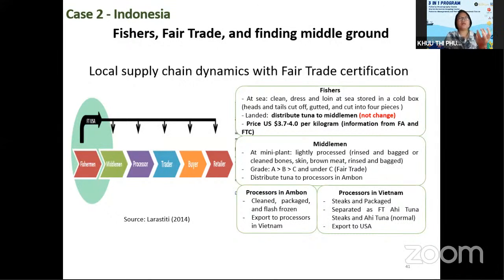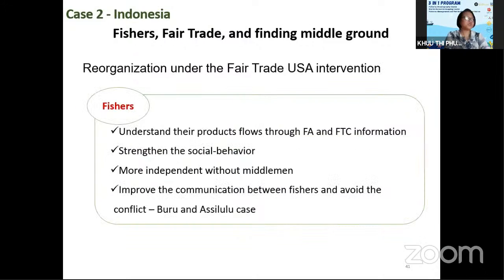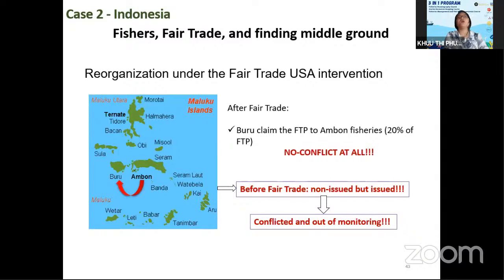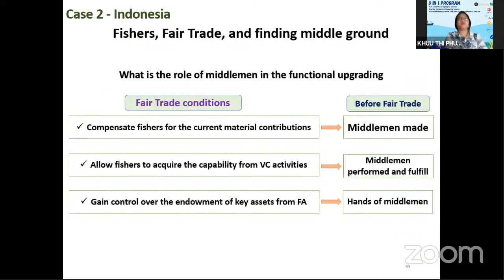And middlemen now, if they join this supply chain, they also have to follow the rules of fair trade certification. After applying fair trade, you can see the middleman before and after fair trade application.